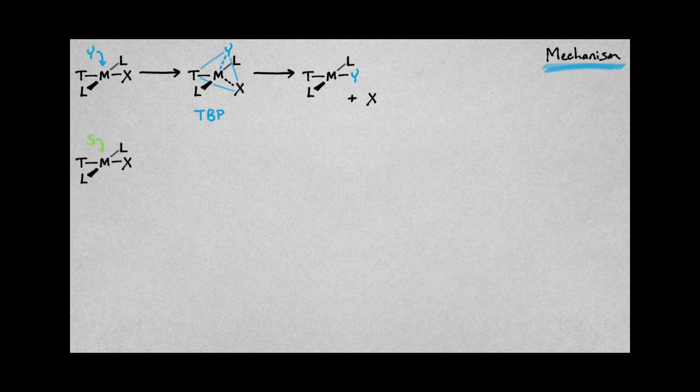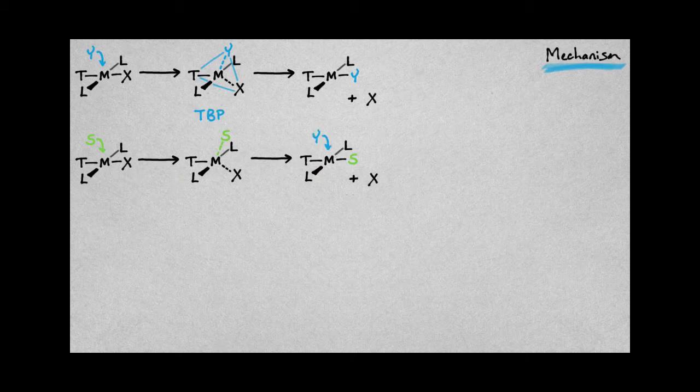There's an alternative mechanism to this which involves solvent. Solvent attacks at the metal center to produce a similar trigonal bipyramid intermediate. In this case, solvent is involved in that coordination. Dissociation of the leaving group X produces a square planar complex with the solvent in the leaving group's original position.